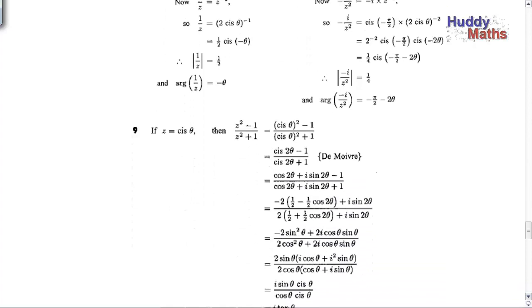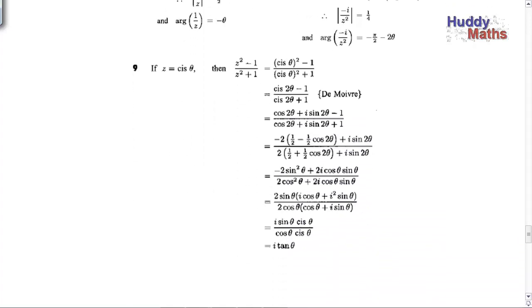And 9, did you get that one? Important here to see that z squared is best done with cis form, and you go through and you can simplify that. Alright, how did you go with that? There's one little thing, one little trick we can do with this, apart from those two, so come down and have a look at it.